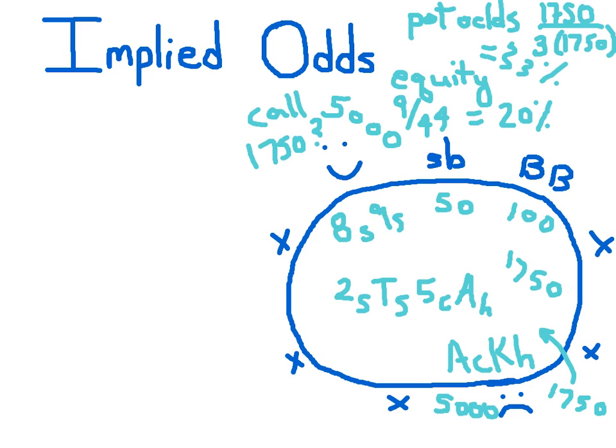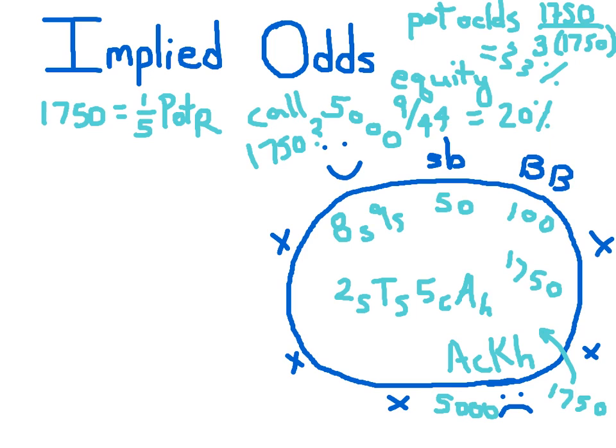Think about it. Our 1750 bet needs to be 20% of whatever the pot is on the river, so that our implied pot odds equal that 20% equity we have. In other words, 1750 would need to be 1/5, 20% of the pot on the river.